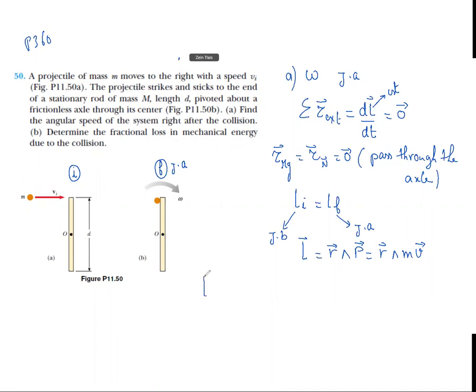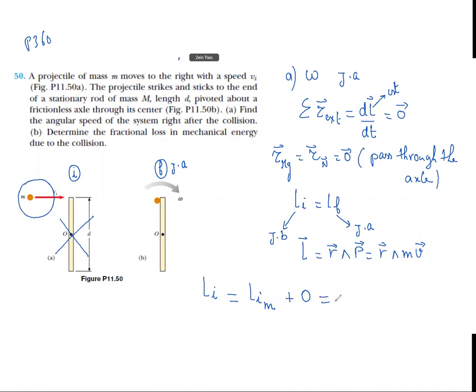L initial is equal only to the L initial of the mass m, and L initial of the rod equals 0 because it was at rest. We don't have velocity.